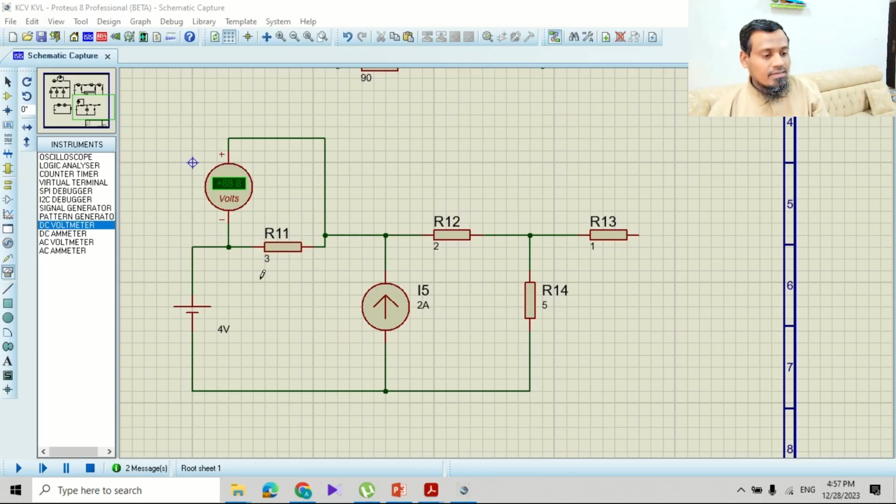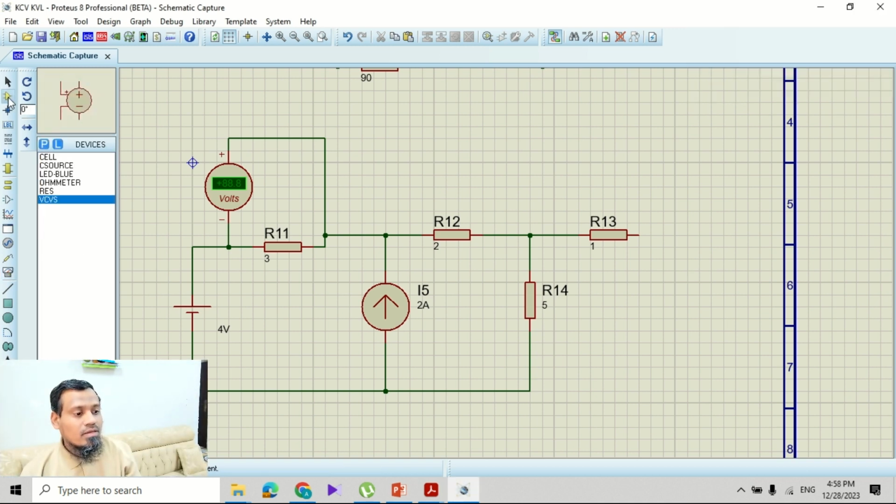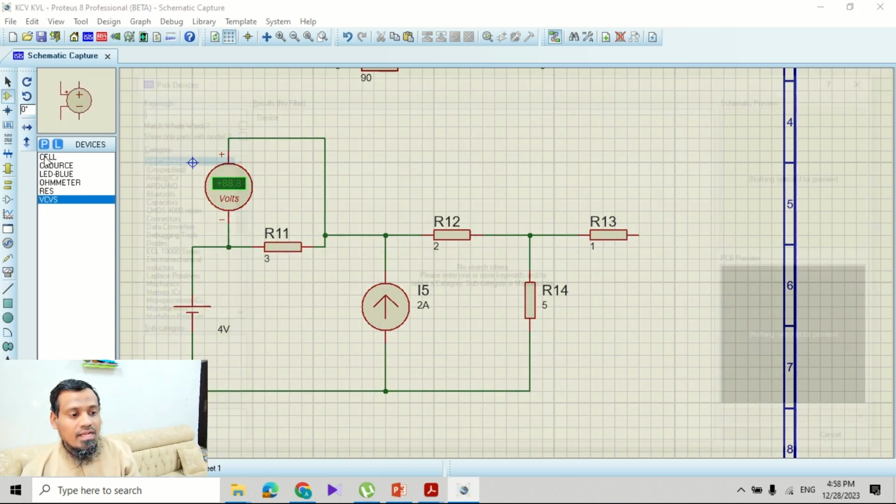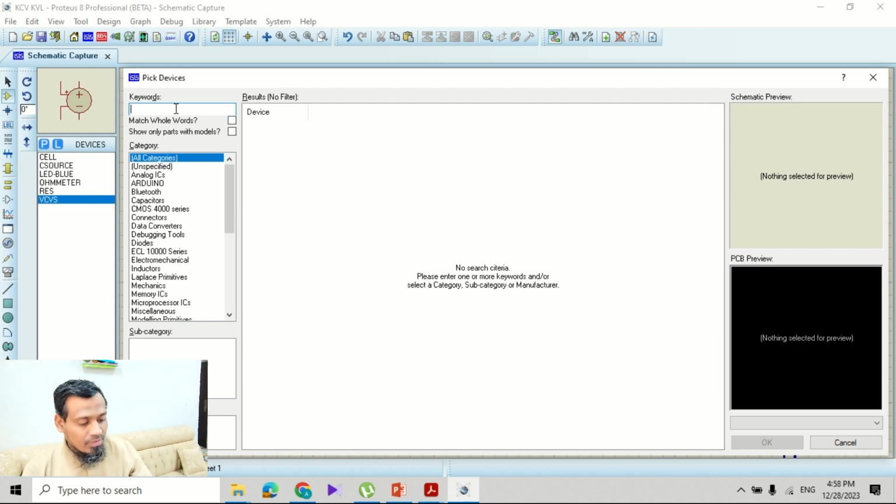As you can see here, the circuit is partially plotted in Proteus. The only remaining thing we have to add is the dependent voltage source here. As it is a new element, I will show you how to pick the device and then how to draw it. So go to the component mode, go to pick devices, and here type voltage control voltage source.